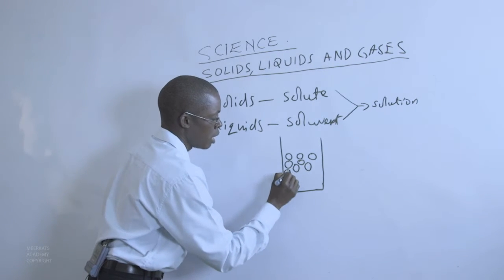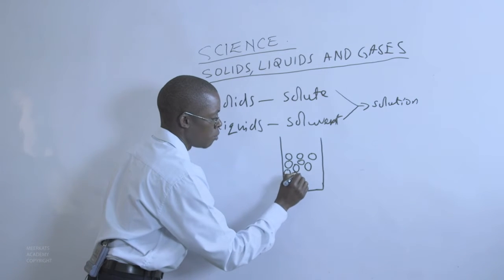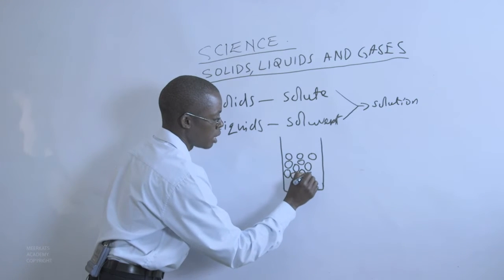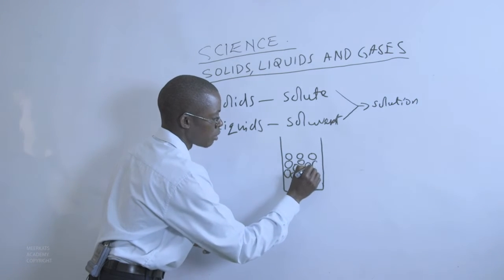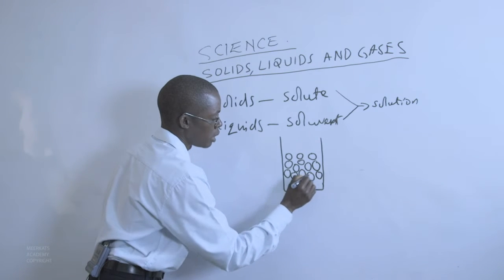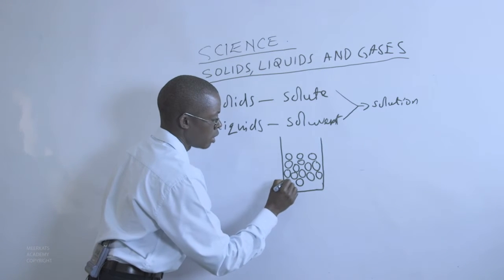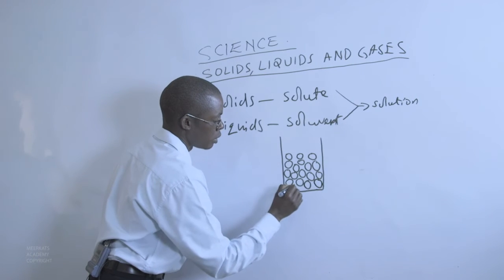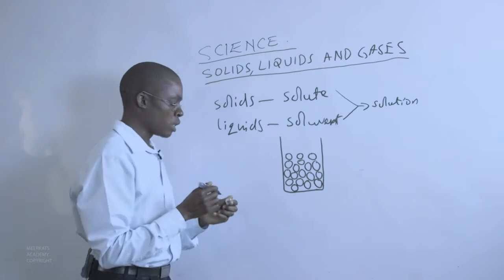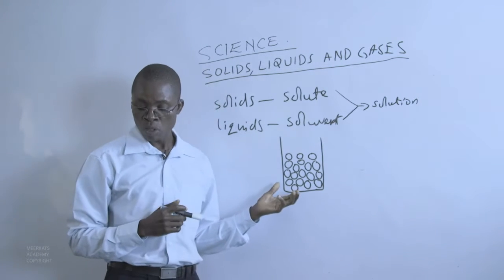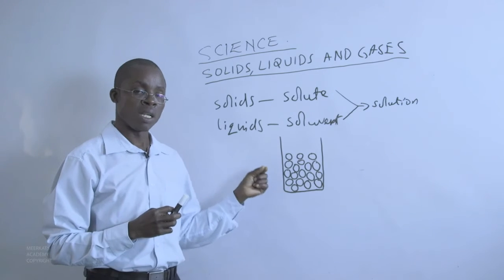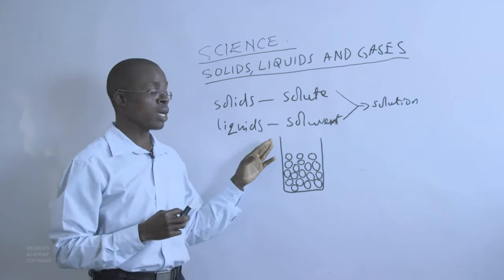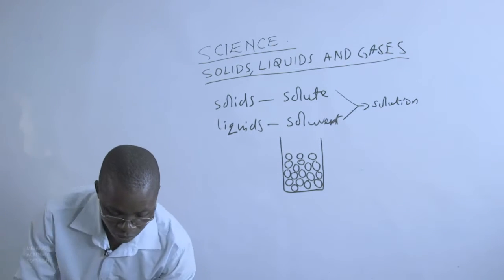We said they are close together, but not as close as the ones in the solid state, just a bit close. Those are the particles of a liquid, what we also call a solvent.